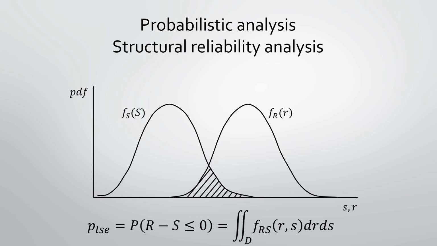The probabilistic analysis is essentially to calculate the probability of the load S exceeding the resistance R. And we will look at different ways of doing these calculations during this course.